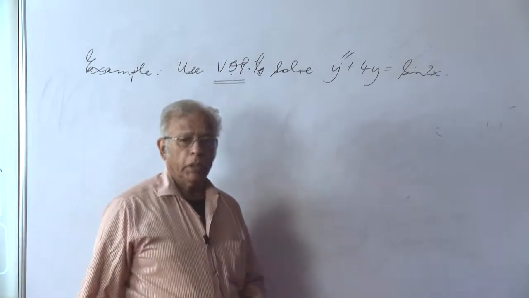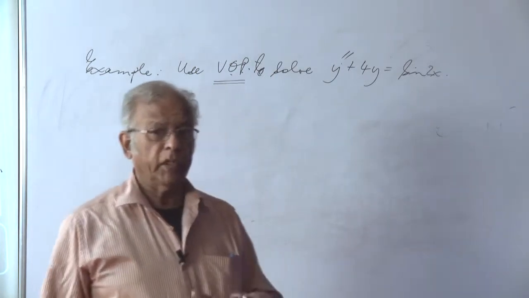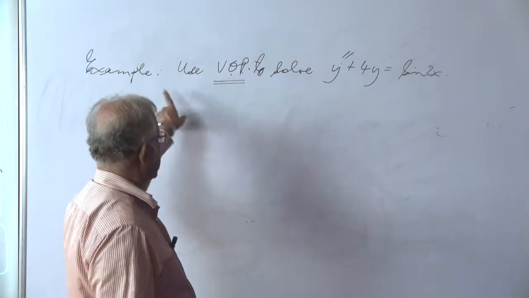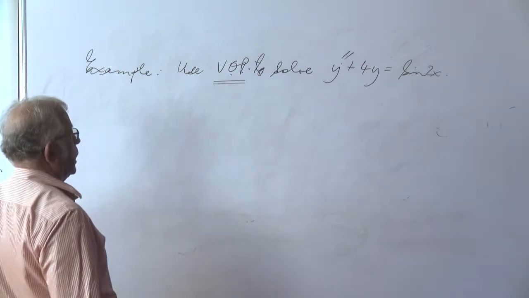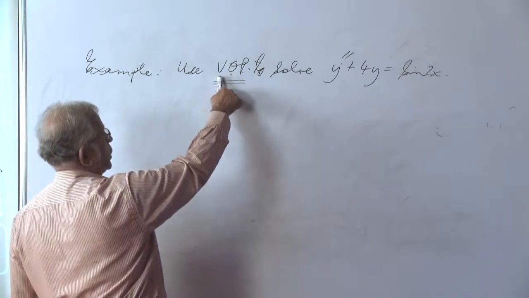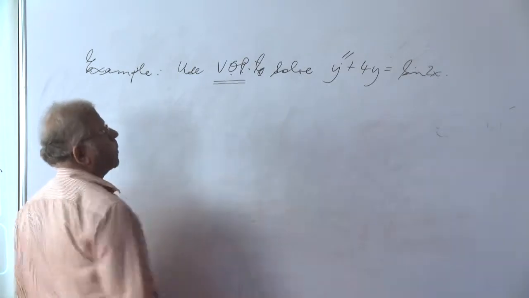We now continue our discussion on the variation of parameters method for finding the particular integral by taking another example which we have put up on the board. As we mentioned earlier, we use variation of parameters to solve this.